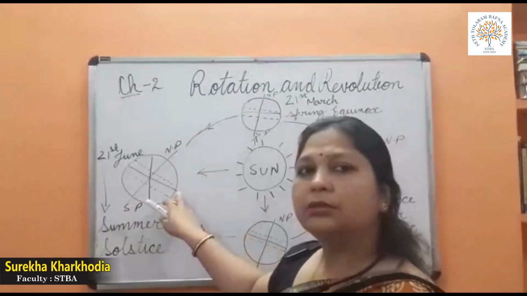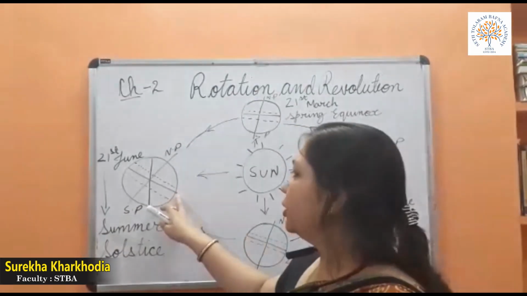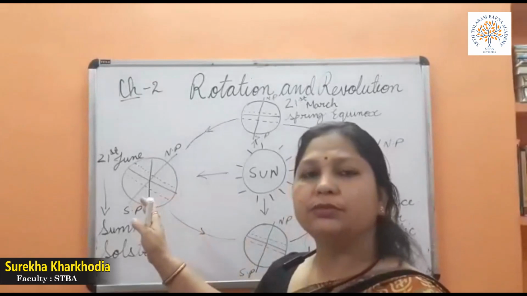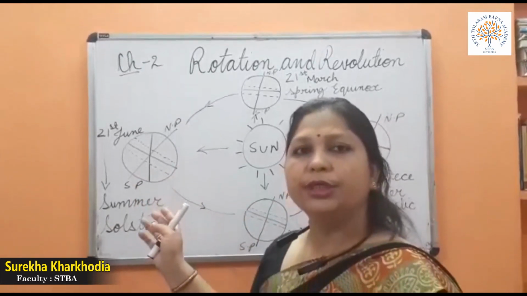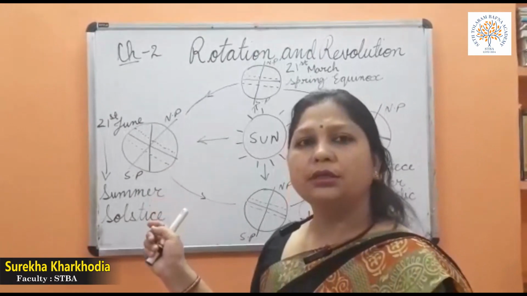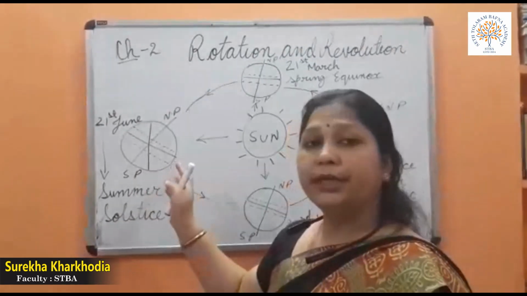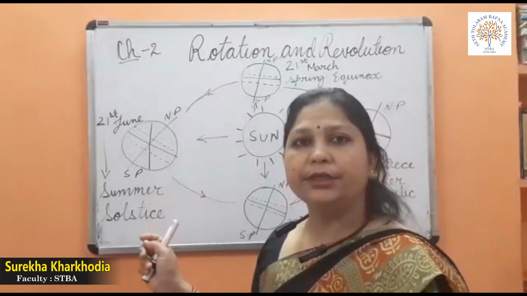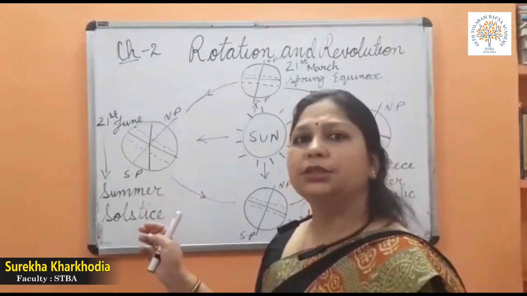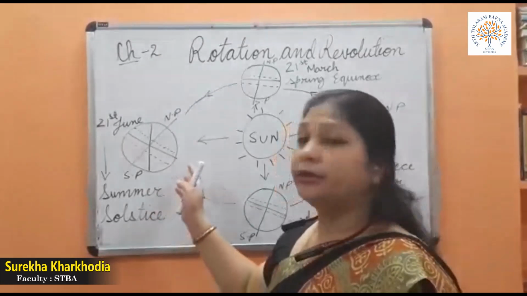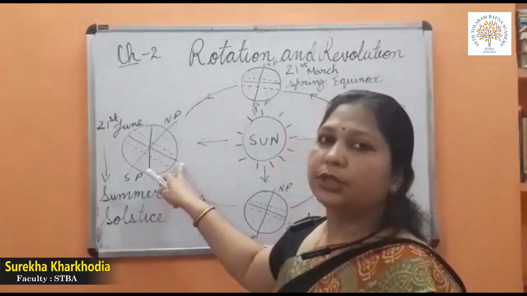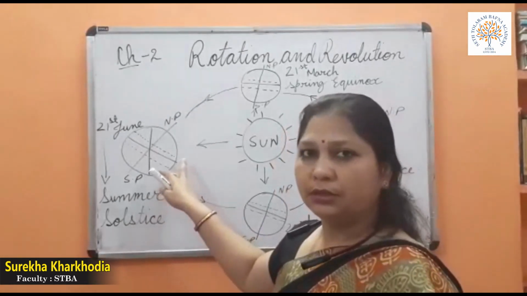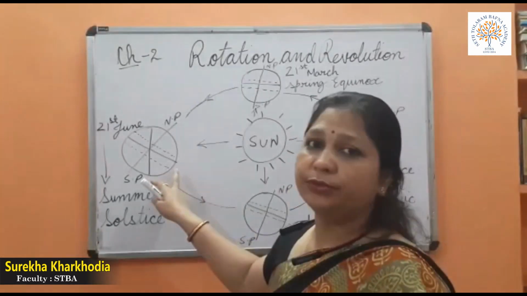Equator doesn't make any difference whether the sun rays are away from it or not. Days and nights are equal on equator, and the change in the seasons is rare there. So equator doesn't have any effect of sun.